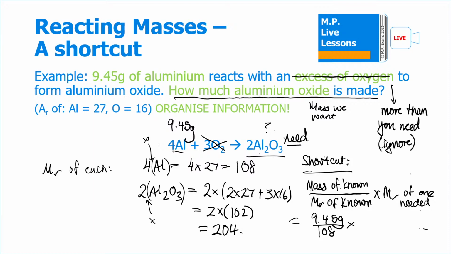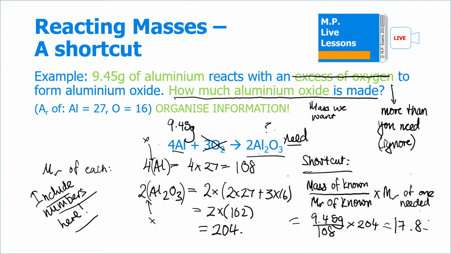That's the aluminium oxide, and that has an MR including the number of 204. As a big note, include the numbers here. When you put this into my calculator, we get a nice number of 17.85 grams.